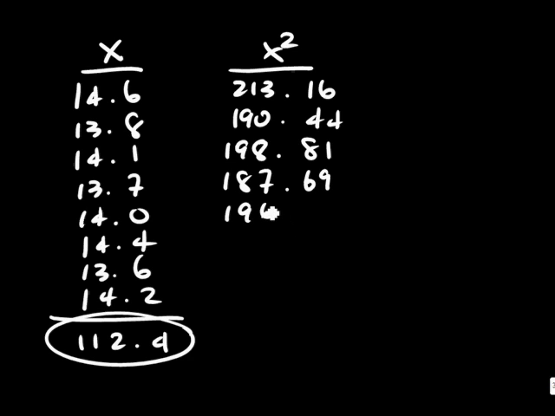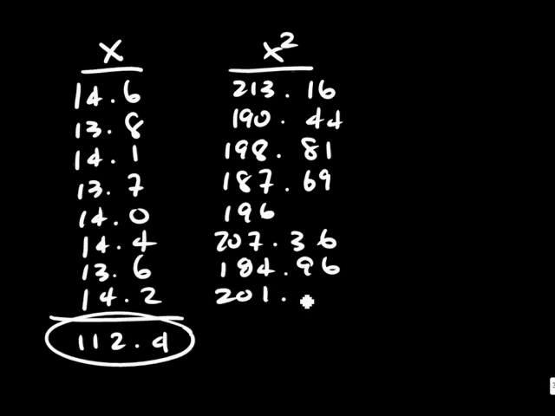Squaring 13.6, we'll get 184.96. And squaring 14.2, we get 201.64. Adding these values gives us 1580.06.